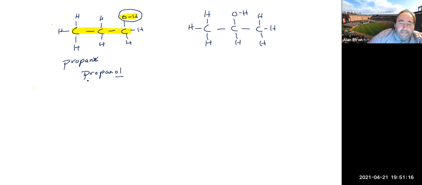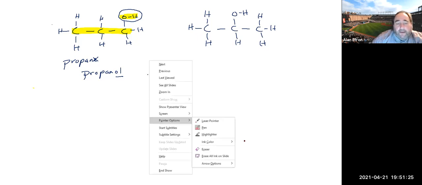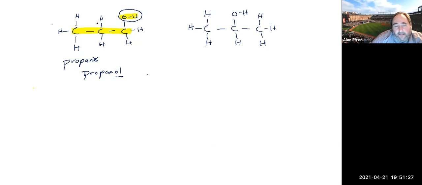Now, we need to give the location of that OH group. We have our same 2 options in terms of numbering. We could go carbon 1, carbon 2, carbon 3, or we could go carbon 1, carbon 2, carbon 3. The OH group here gets the priority, which means the lower number would be 1, which means we would want a number in this direction.